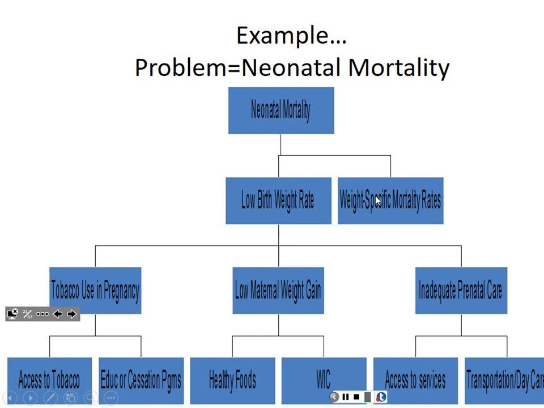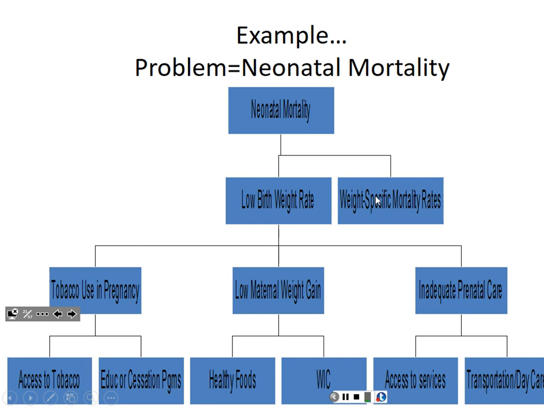Therefore, we do the problem analysis in a backward fashion. We start with the problem, then work backwards to identify its determinants, work backwards to identify the direct contributing factors of the determinants, and work backwards to identify the indirect contributing factors of the direct contributing factors.